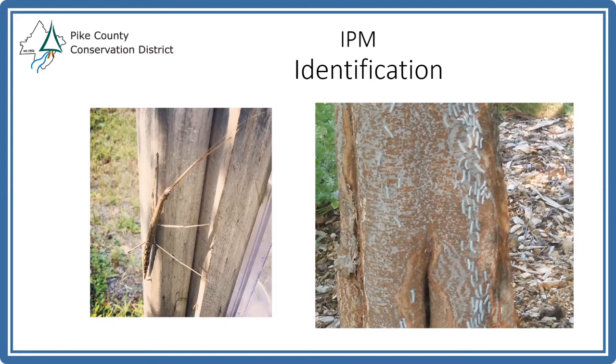The walking stick is related to grasshoppers, katydids, and crickets. They're in that family. On the right-hand side, this is a tussock moth hatch. Now, this picture shows very little of what there were. On the ground, there were hundreds more of these. And at first, you might freak out.